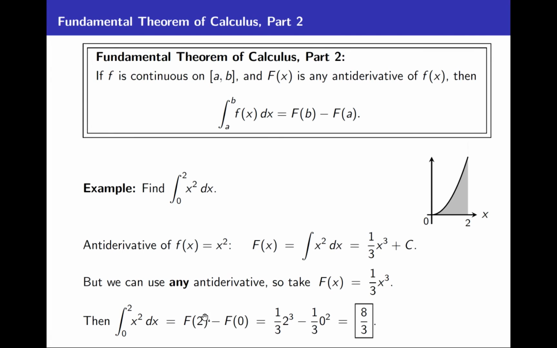You'd have a plus 5, and then minus that c here, a minus 5. So whatever c you pick, it's going to get canceled out in this difference. So it doesn't even show up in the value here. So for that reason, when you're using the fundamental theorem of calculus and you're working out an indefinite integral to find an antiderivative, just take c equals 0. Make your life easier.